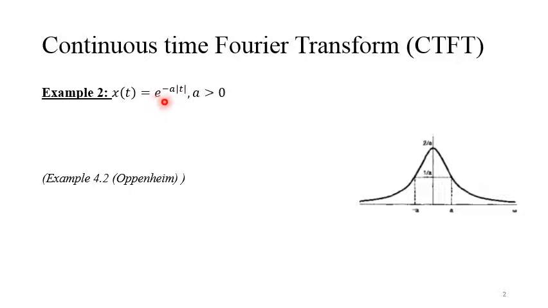It is also given that a is greater than 0, so that means this exponent is negative. When this is negative, it means it's always exponentially decaying.